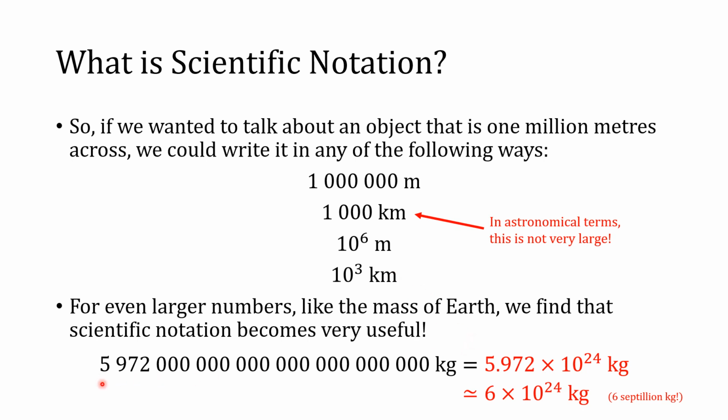We would get that this is the number. This is how much matter is contained within the Earth, or for simplicity's sake, how much the Earth weighs. And that's a very big number. But fortunately, we can make use of scientific notation to really condense it down. So here's how we condense things down.